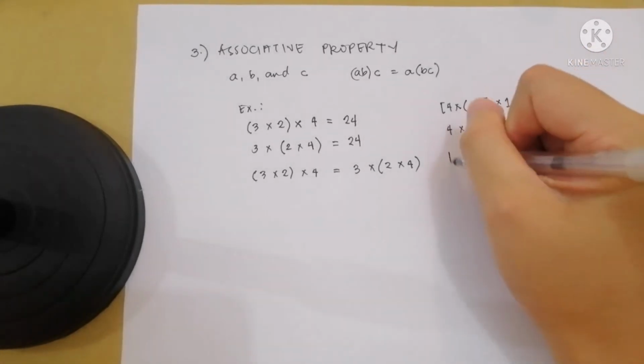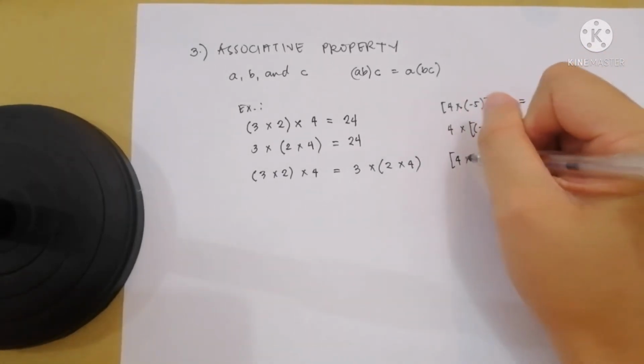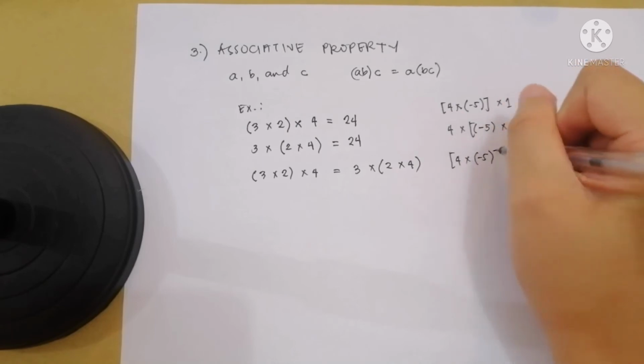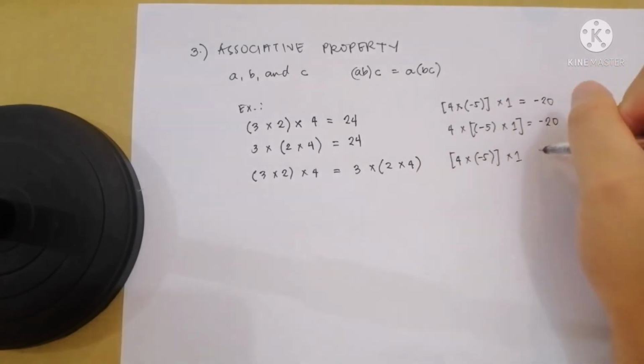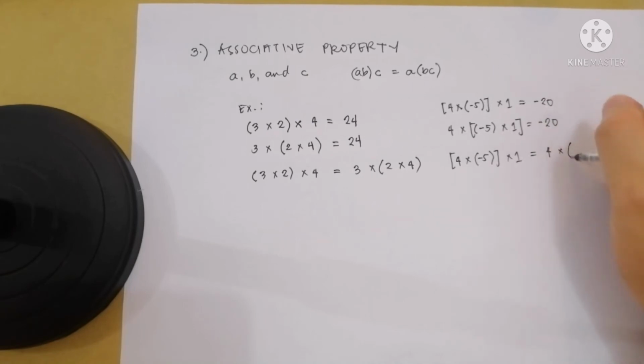So in other words, the quantity of 4 times negative 5 being multiplied by 1 is the same as 4 being multiplied by the quantity of negative 5 times 1.